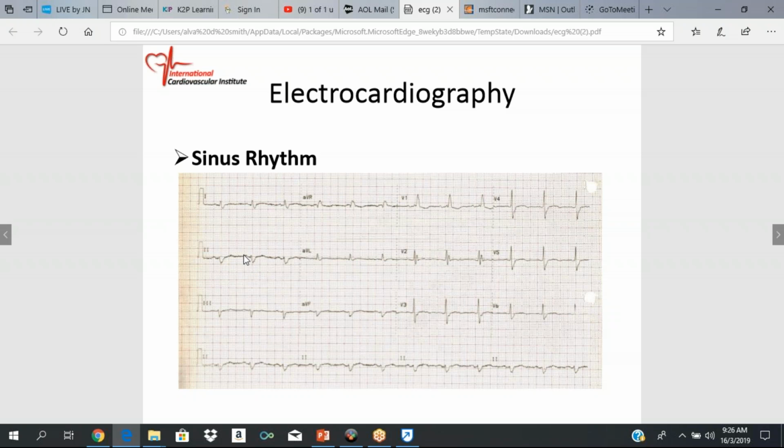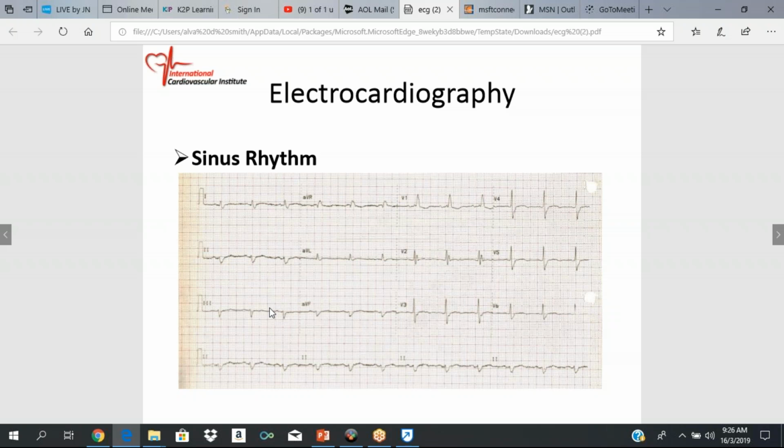And if you check the PR interval, your PR interval here is about 200 milliseconds. It's about one big block. Remember, the duration of one big block is 0.2 seconds or 200 milliseconds. And if you look at the P waves in leads 2, 3, and aVF, the P waves are upright.